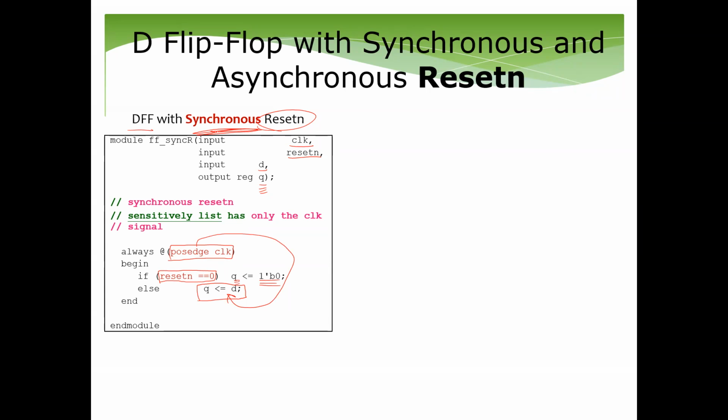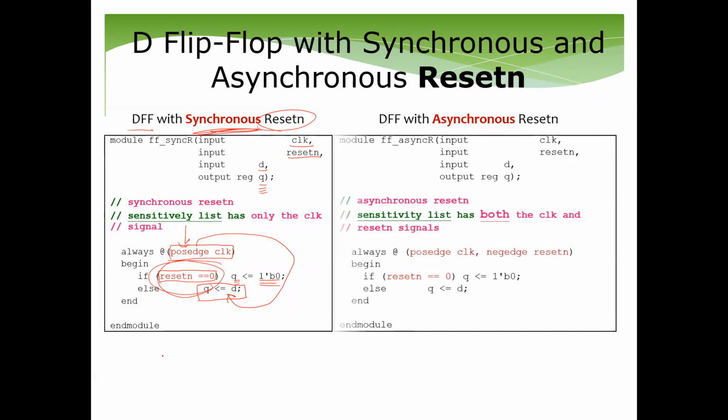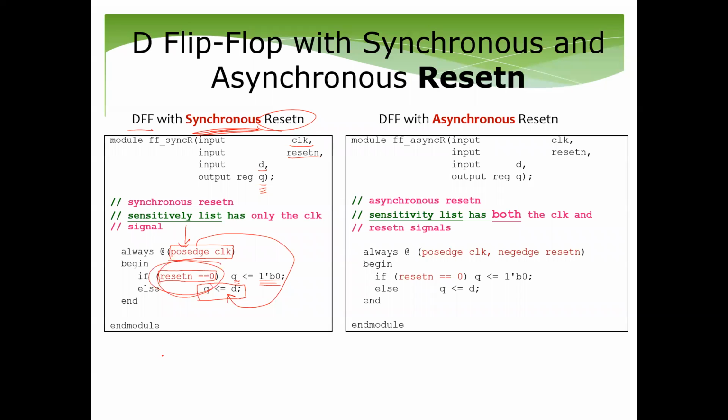Now, why is this a synchronous reset? Because I will not check this signal unless I am at the positive edge of clock. It means I'm still following the clock in this case. What if you want to make this an asynchronous reset? It means I need to access this block also at the negative edge of reset N. So I'll access this block in two ways, either at the positive edge of clock or when I have a change in signal reset.